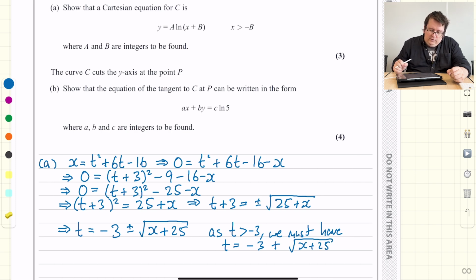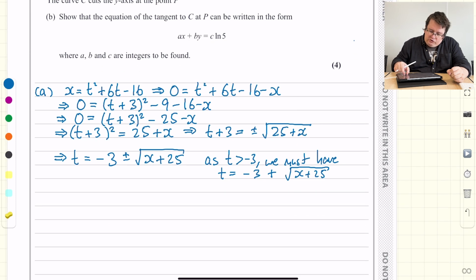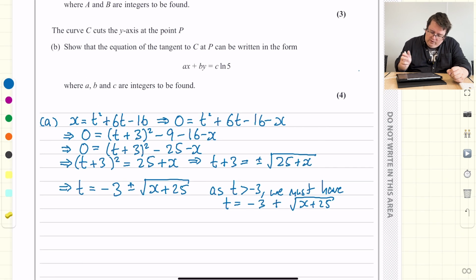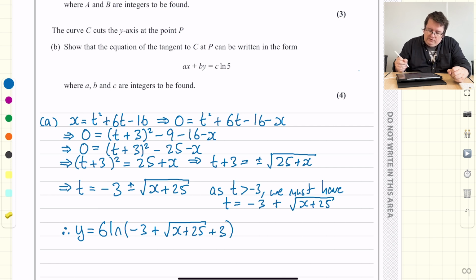Okay, so then I need to substitute that into the y. So therefore, y equals 6 times the natural log of minus 3 plus the square root of x plus 25, plus 3. So we can see that the 3's cancel away.